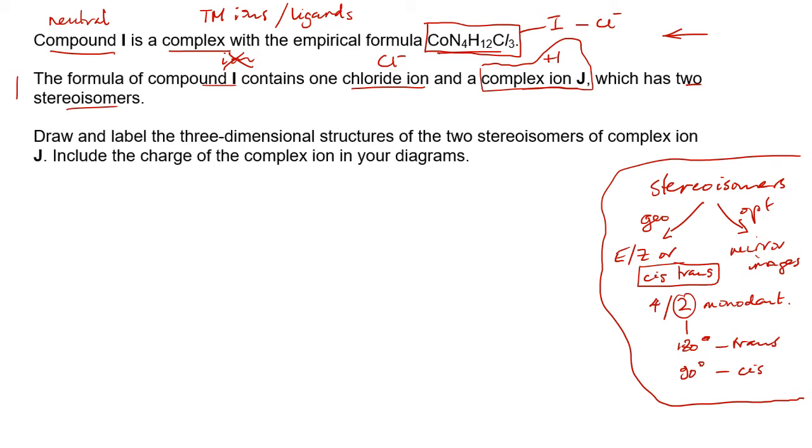So let's write out the formula of the complex ion. We've got cobalt, and then we've got N4H12Cl2. Now Cl2, not Cl3, because the chloride ion is the anion of the compound, and we've got the cation of the compound, which is a +1.